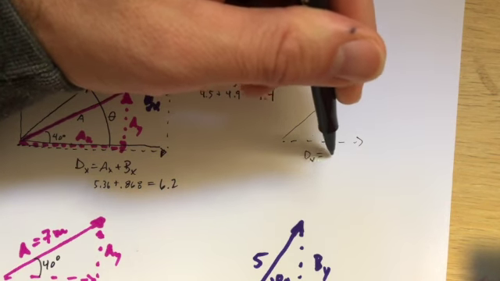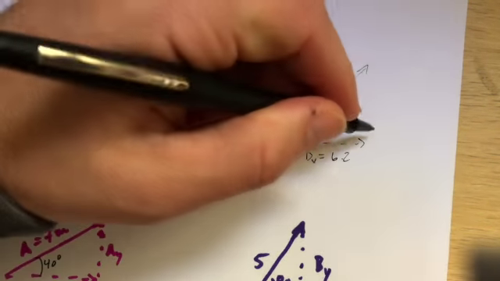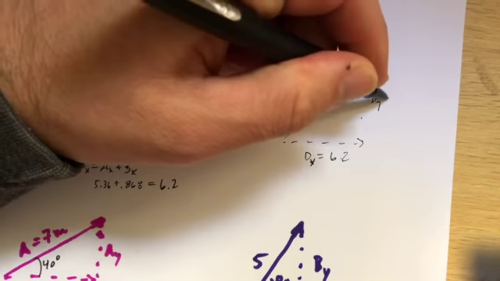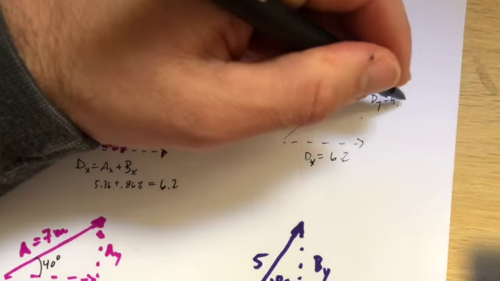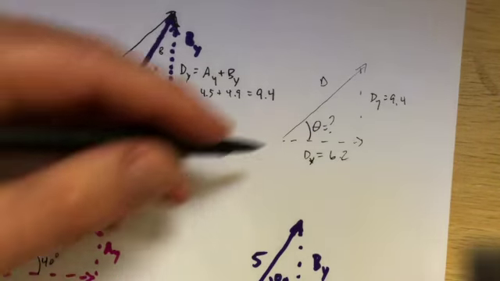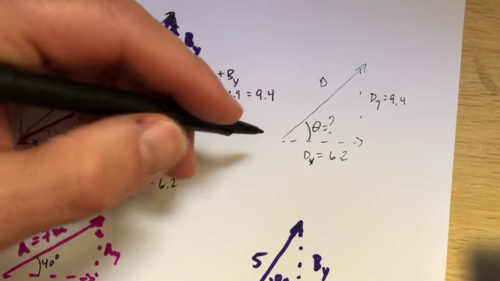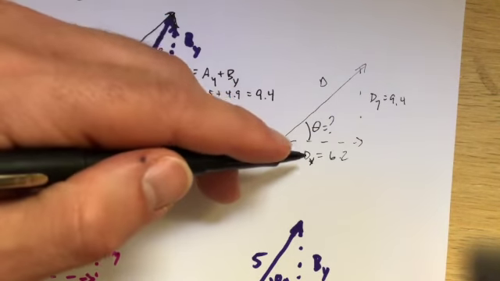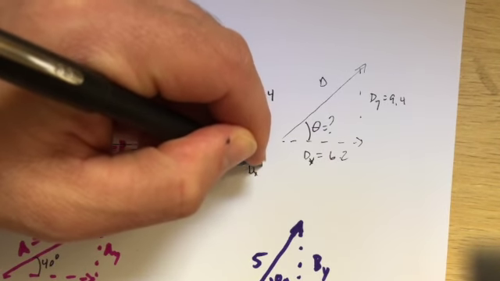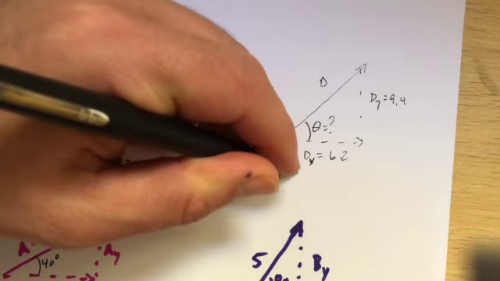Dx equals 6.2, and dy equals 9.4. We don't know that angle, but first thing, let's find out what D is using the Pythagorean Theorem. A squared plus B squared equals C squared, or dx squared plus dy squared equals D squared.